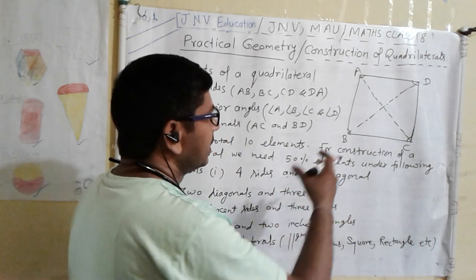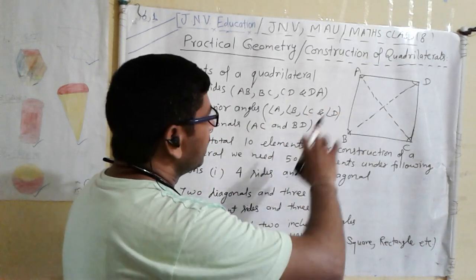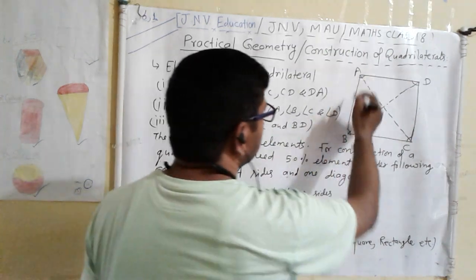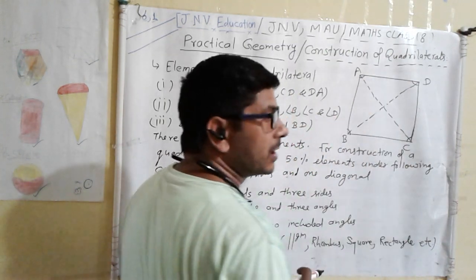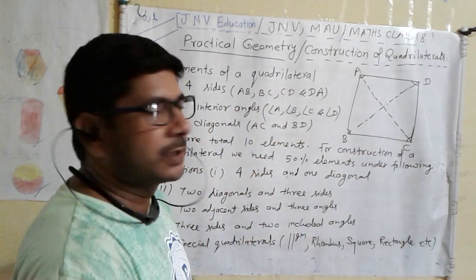So let us understand and know the basic concept. ABCD is a quadrilateral in which there are some elements.